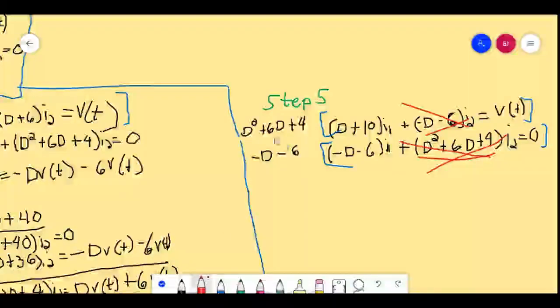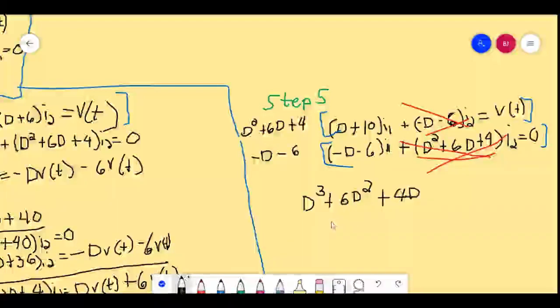Let's multiply this with this one and this one. So we have d squared and d plus 10. Let's just multiply d first to d squared. So we'll have d cubed plus 6d squared plus 4d.